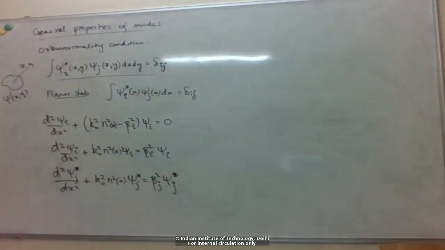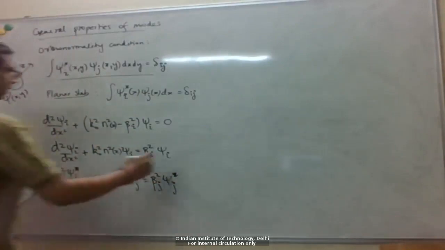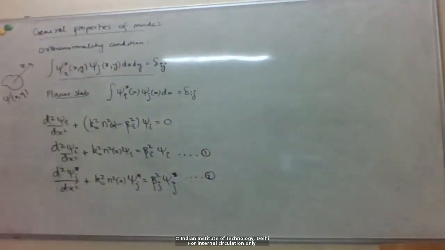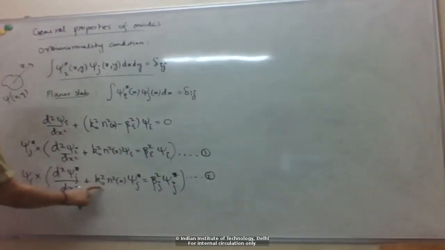Right? So now we have these two equations. Since we have something like a product, what we do is multiply this first equation by psi j conjugate, and multiply the second equation by psi i. Okay, and then subtract. So subtract this equation from this equation after this multiplication.